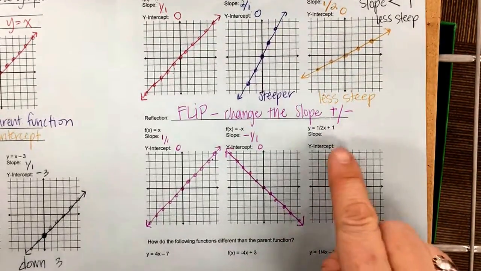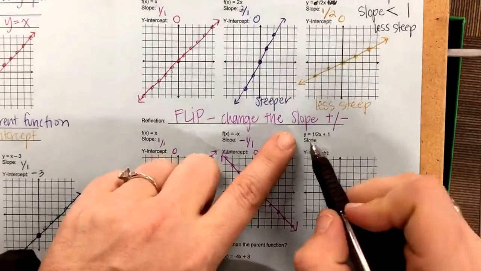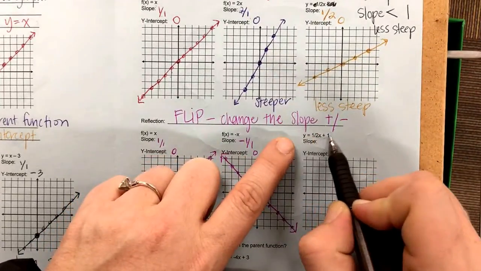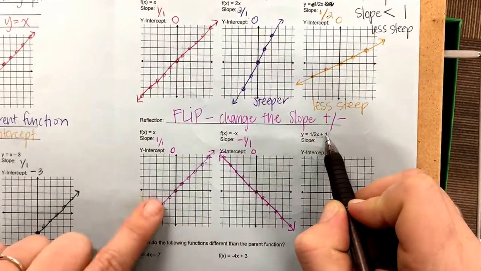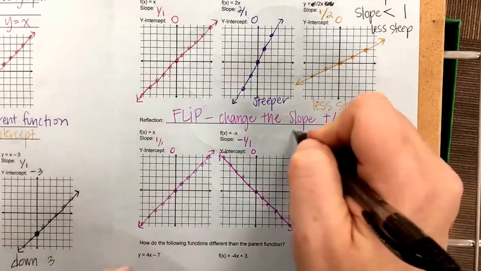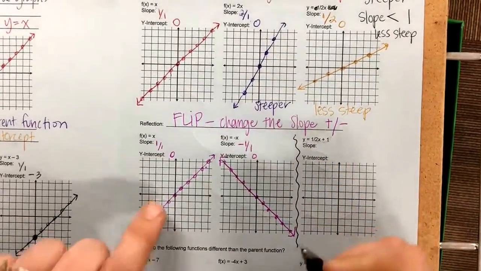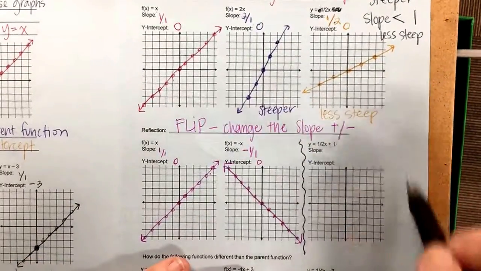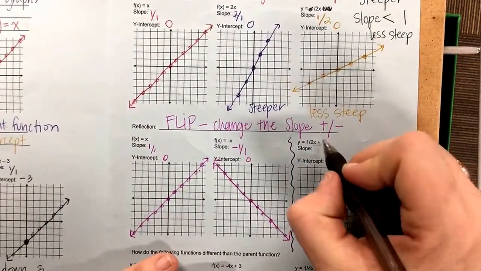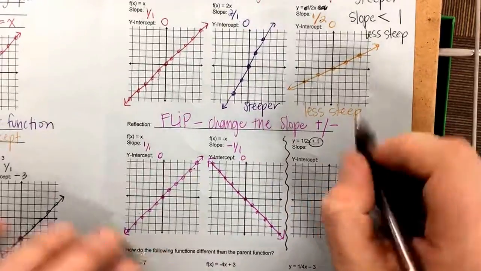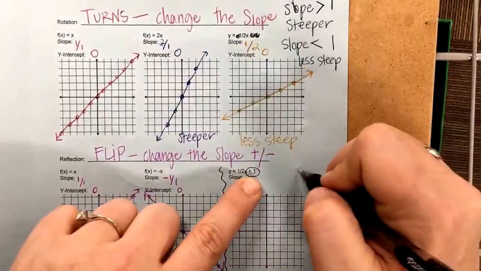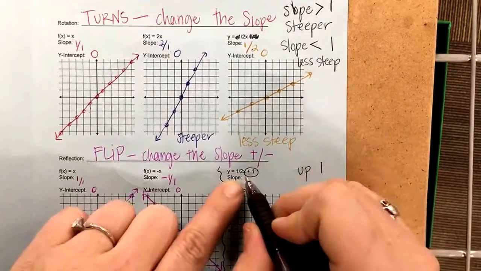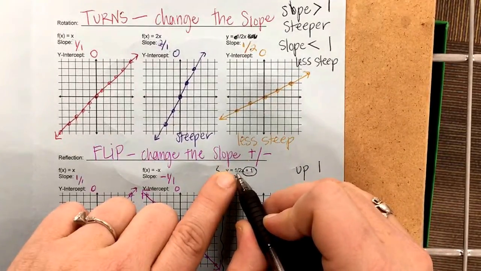So can you tell me, can you predict how this equation is different than this equation? Can you predict how the parent function is going to change, and it's going to change to this one? So if I look, I know that it's going to be translated up 1, and it's going to rotate 1/2.